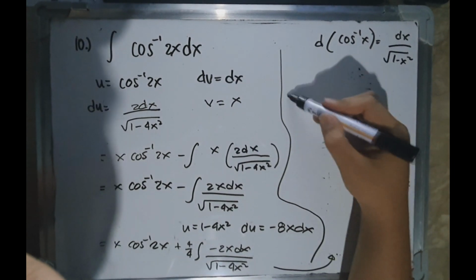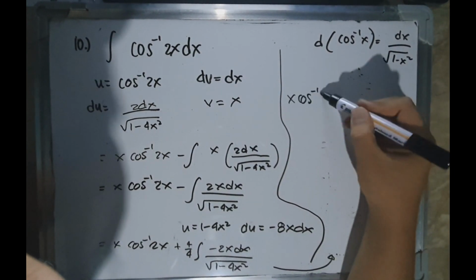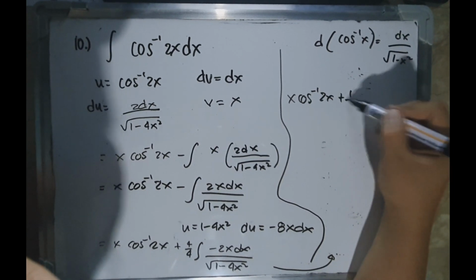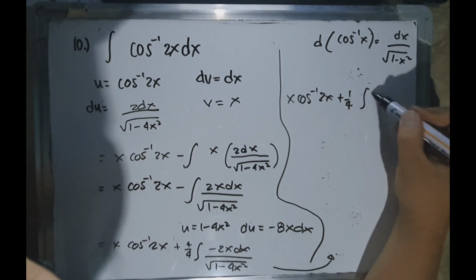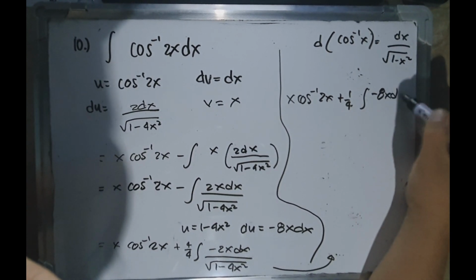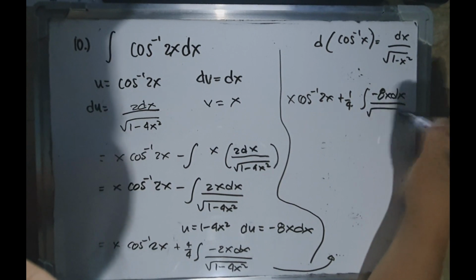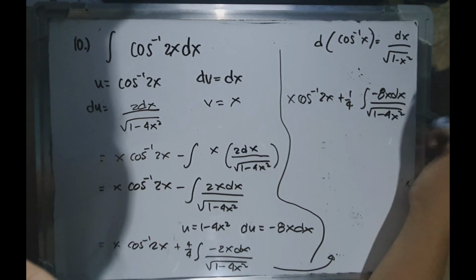We now have x arccos 2x plus 1/4 integral of negative 8x dx over the square root of 1 minus 4x squared.